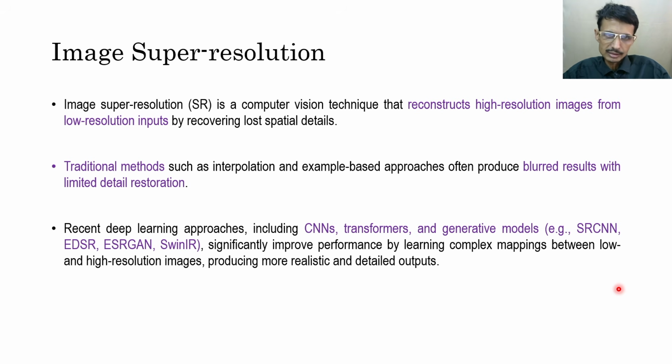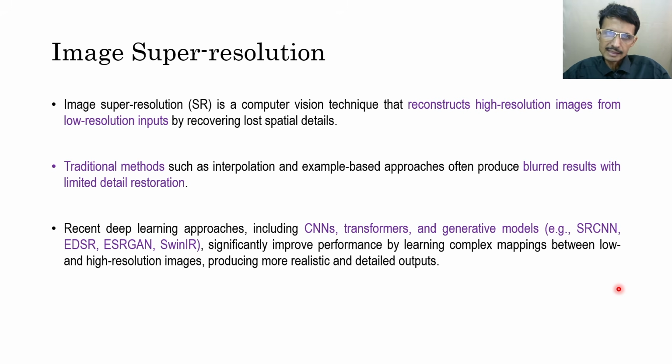The traditional methods such as interpolation and example-based approaches often produce blurred results with limited detail. Recent learning-based approaches, mainly deep learning, including CNNs, transformers, and generative models like SRCNN, EDSR, ESRGAN, and SwinIR, significantly improve the performance by learning complex mappings between low and high resolution images, producing more realistic and detailed output.